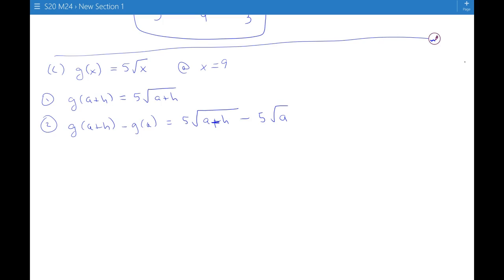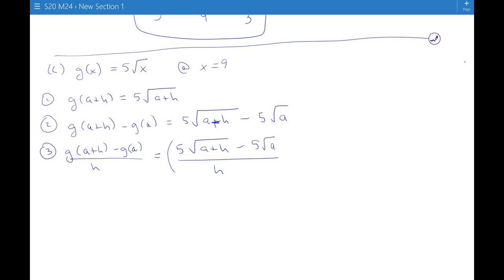Well, now when we divide by h, if I did the limit as h went to 0 right now, I would get 0 over 0. So this is that scenario that we practiced in 11.1, where you have to multiply the top and bottom by the conjugate of the numerator.